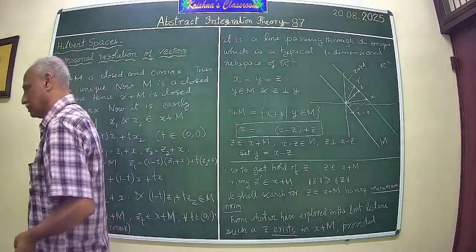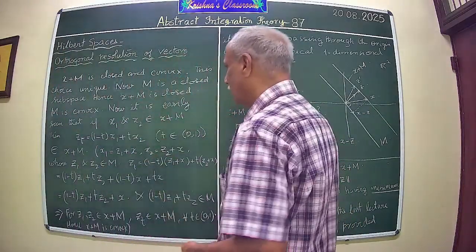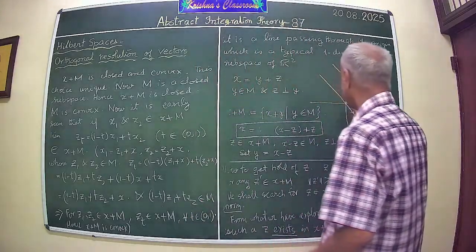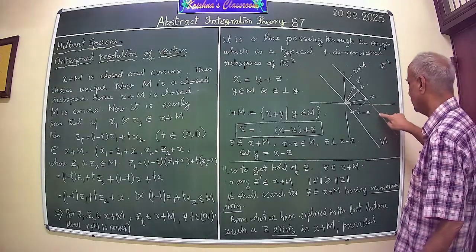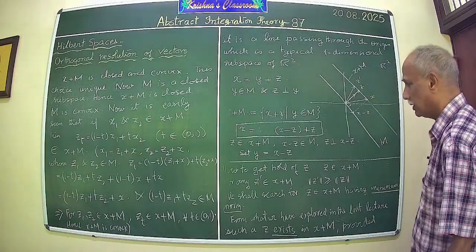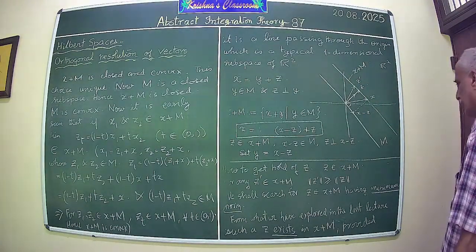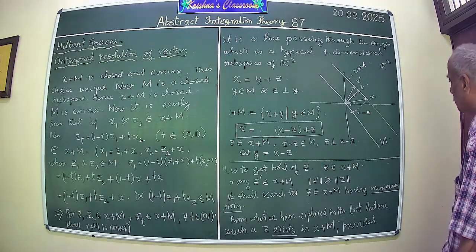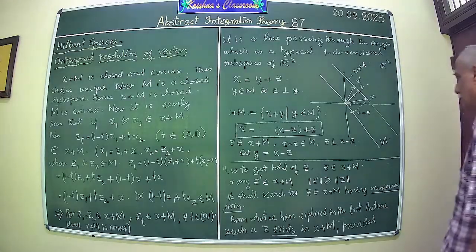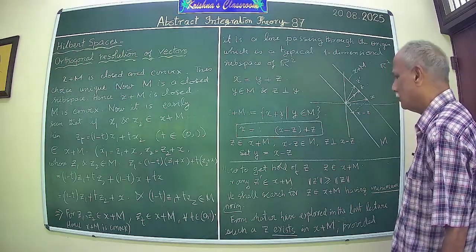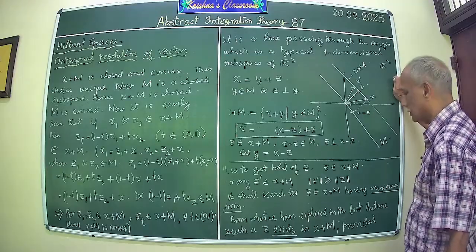So therefore, you can argue this way: choose a sequence, a convergent sequence of vectors in x plus m, call that Zn. So Zn converges to some Z. Each Zn belongs to x plus m. Therefore, each Zn is equal to x plus yn for some yn, because it is in x plus m.